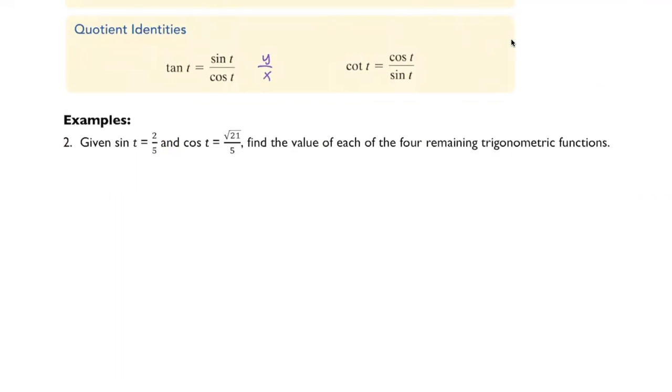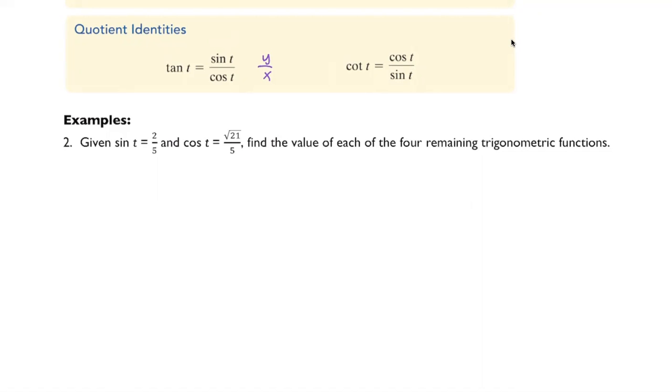And we also know that sine of t is the same as the y coordinate, cosine of t is the same as the x coordinate. So we know that the tangent of t is equal to the sine of t divided by the cosine of t. And then because cotangent is the reciprocal, that means cotangent of t is equal to cosine of t divided by sine of t.